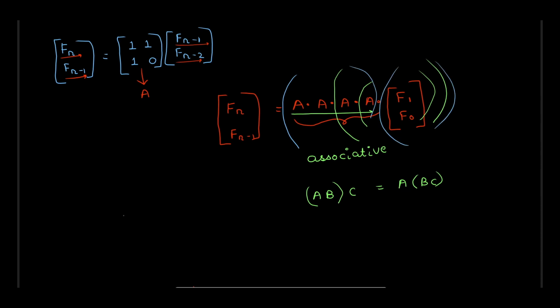This means that this matrix A remains a constant, right? So if you can quickly compute A to the power n, then you can compute Fibonacci numbers faster. So if you can compute an exponential of a matrix, then you are done.